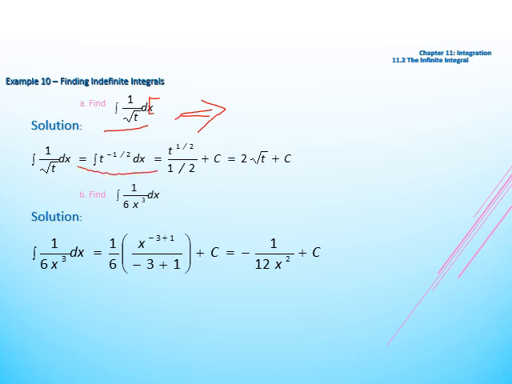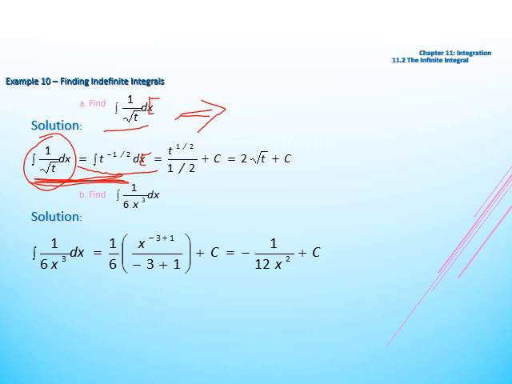So the integration will be t to the power negative half dt. Till now we haven't done anything, we just modified our function from the radical form to the form of a power function.